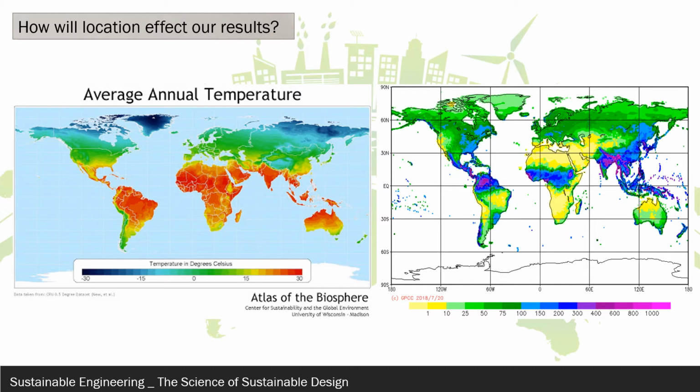So if you're looking at building a building in northern Egypt, that same structure is not going to be suitable for somewhere in South Sudan or Kenya, because the different falls in temperature and rainfall are going to be greatly different. The diagram on the left hand side actually shows the heat gains across the planet, going from dark blue being some of the coldest regions on the planet to red as some of the warmest regions on the planet.